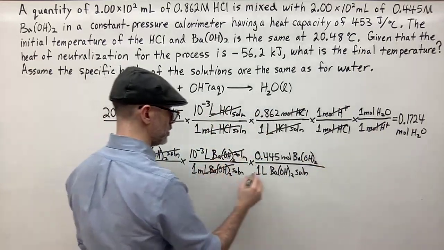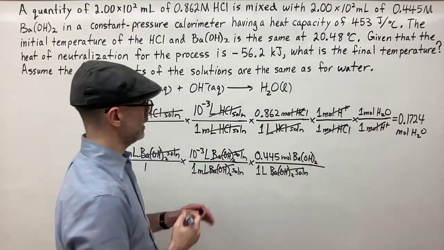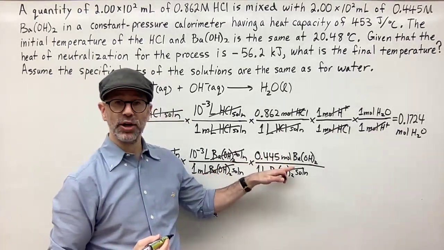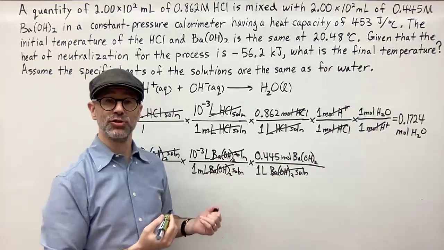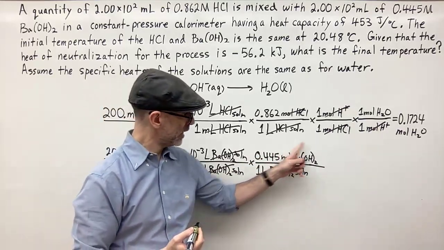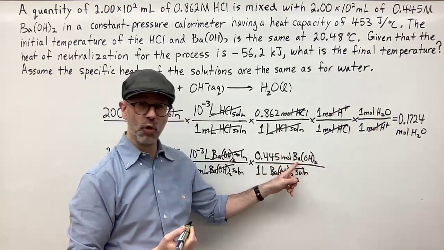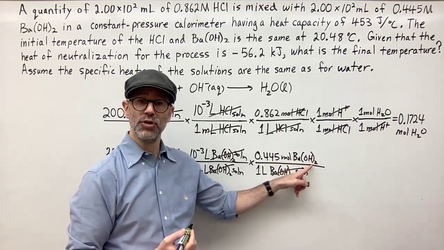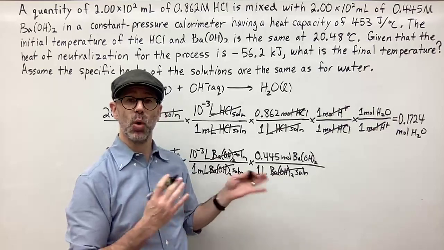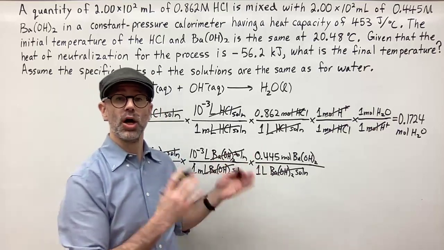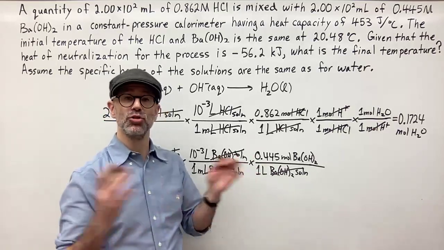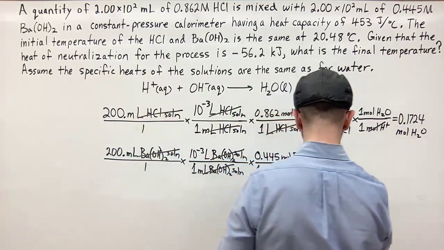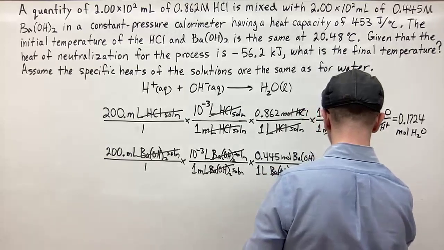So now liters of the solution cancel out. Now I have moles. Now I can convert moles of barium hydroxide to moles of the hydroxide ion. Notice that the mole ratio here is the formula. For every one of these, I have 2 hydroxide ions, so the mole ratio is 1 to 2. So 1 mole of barium hydroxide gives me 2 moles of the hydroxide ion. That's easy to forget. Don't forget that.